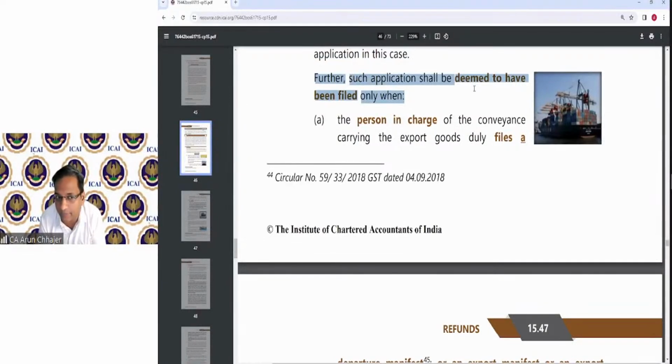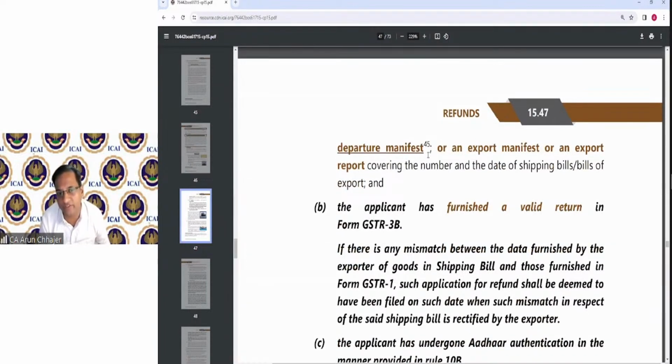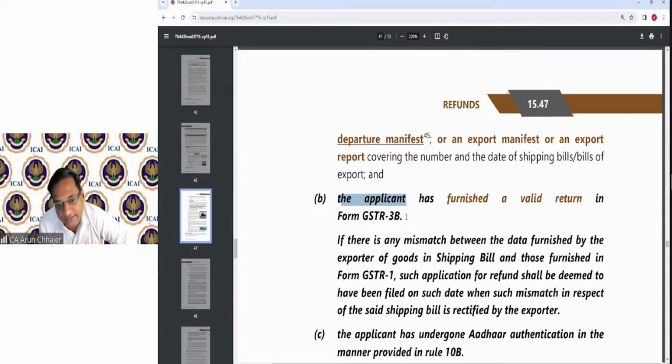Such application shall be deemed to have been filed कब, जब पर्सन इंचार्ज ऑफ द कन्वेंस, मान लो जहाज है, it's a vessel, तो ऑनर ऑफ द वेसल when he files the export document, departure manifest, export manifest or export report covering the number and date of shipping bills, bill of export, then applicant has furnished the GSTR 3B.